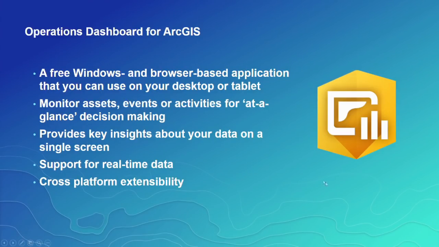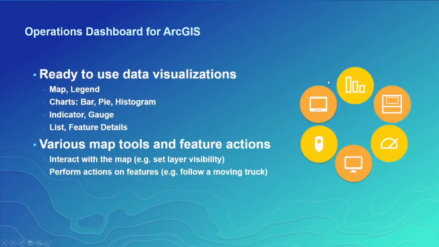So what do you get in the box? When you get Operations Dashboard, it comes with a series of ready-to-use data visualizations. Some of the more popular ones are listed here, such as maps, charts of various sorts, indicators and gauges to monitor performance, lists, details. And gluing them all together is a set of what we call map tools and feature actions.